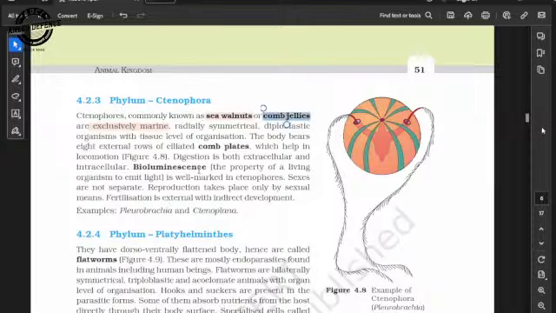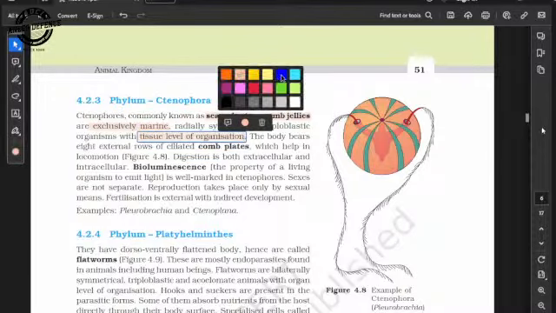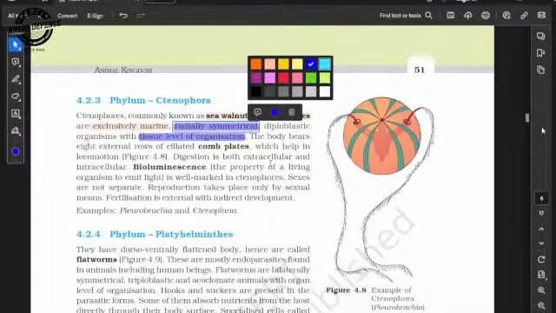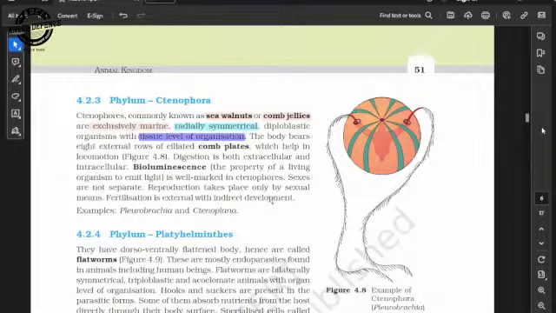Next, level of organization is tissue level of organization. Symmetry, radially symmetrical, right? Germ layer, diploblastic.